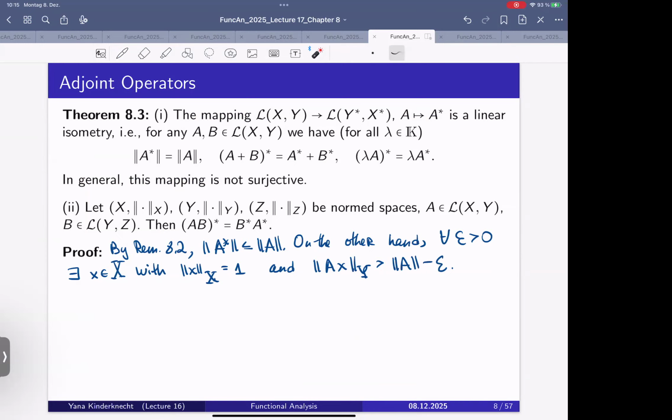This follows from the definition of the operator norm as a supremum. Hence, if this is the supremum over such things, then I can choose in this set, where x satisfies this identity, one element such that we are not far away from this supremum. And this can be done for any epsilon. So is it clear?